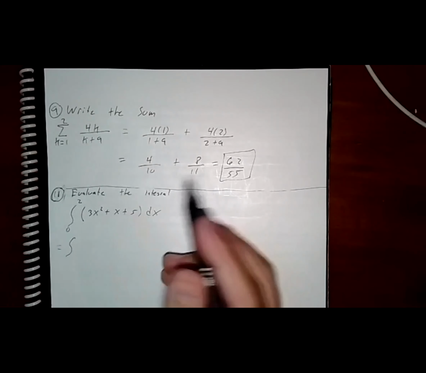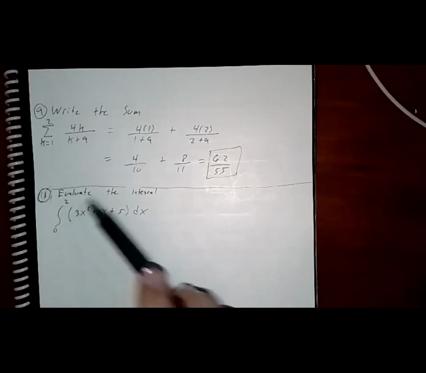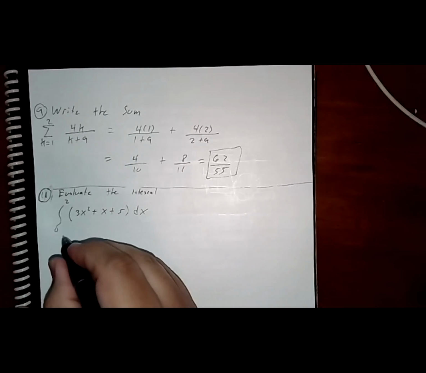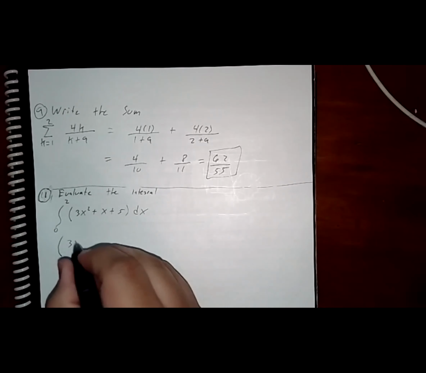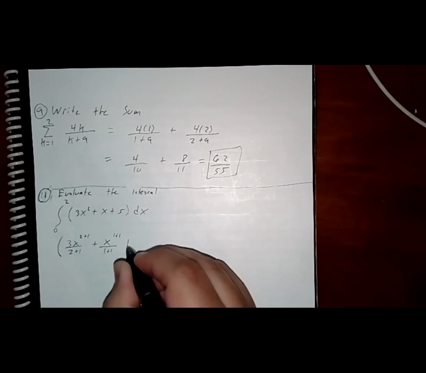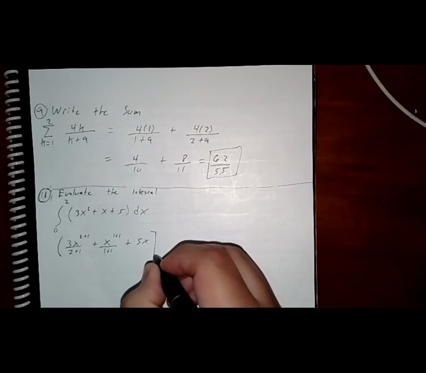So this one has bounds. So we're going to integrate each one, and then we'll evaluate from 0 to 2. So that will become 3x squared plus 1 over 2 plus 1 plus x 1 plus 1 over 1 plus 1, and the 5 becomes an x, all the way evaluated from 0 to 2.